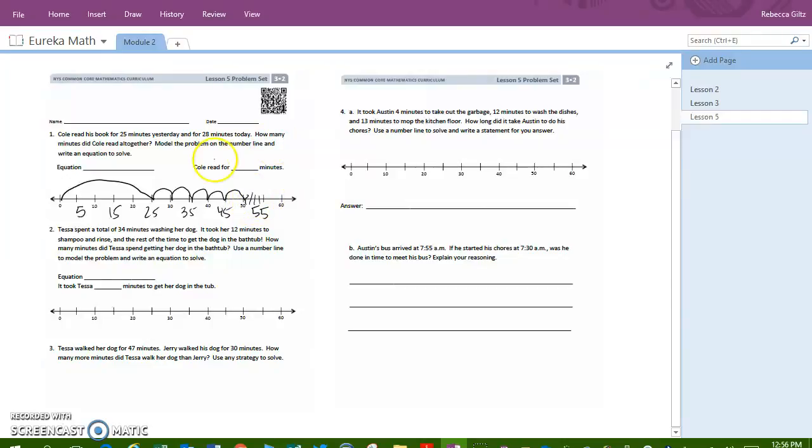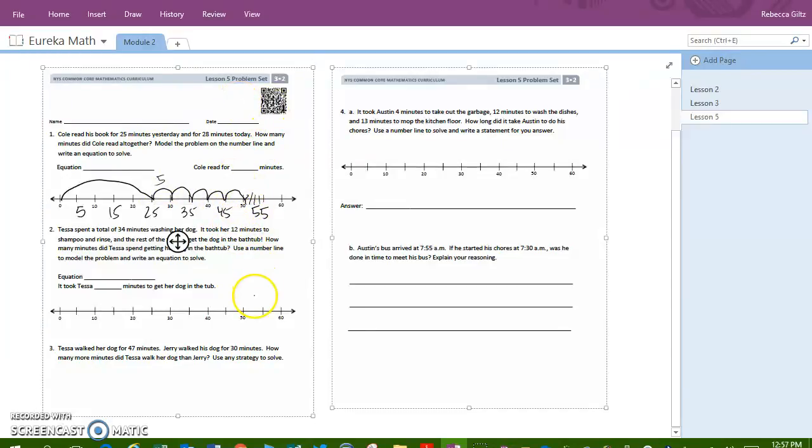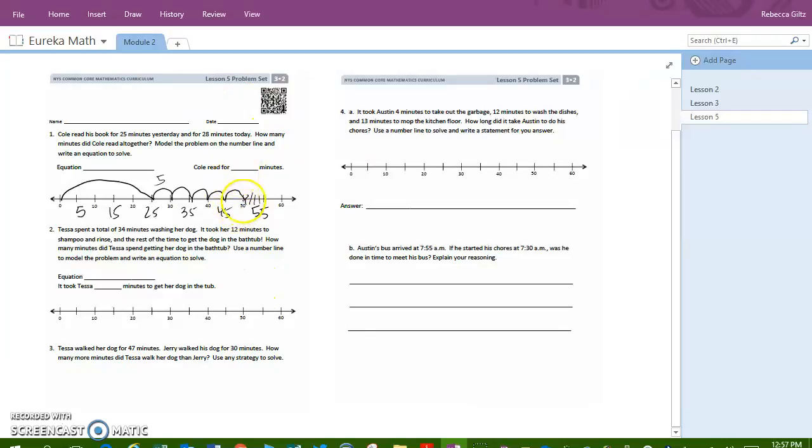So here this is 5, 10, 15, 20, 25. If you want to write the numbers above there, you can, just to keep track. So I went to 25. I need to go 3 more minutes. So here's 1, 2, 3. This is where we end.